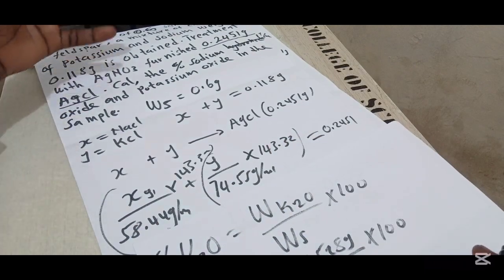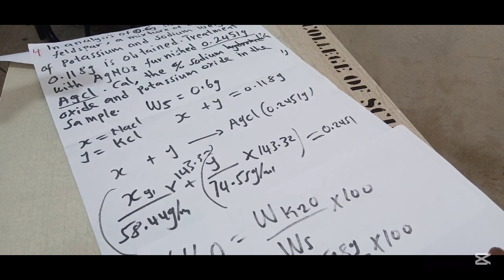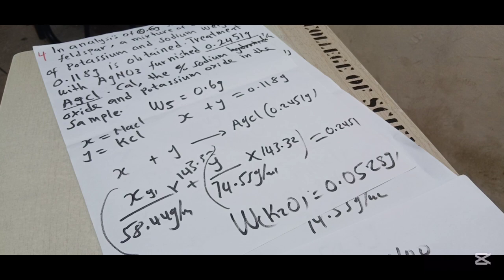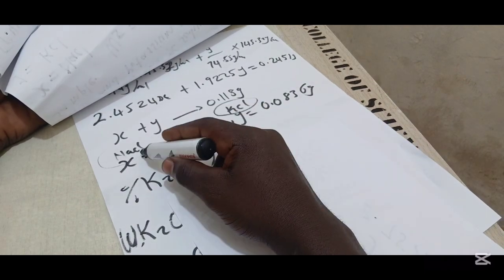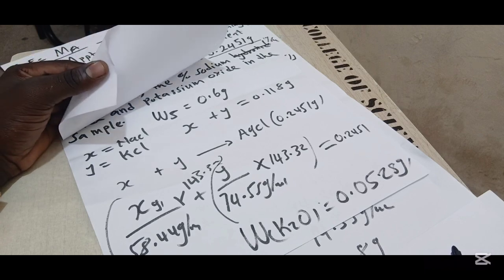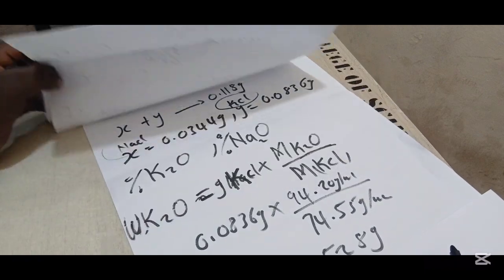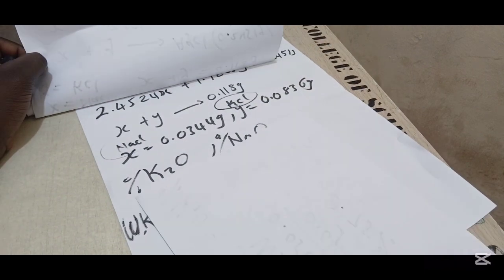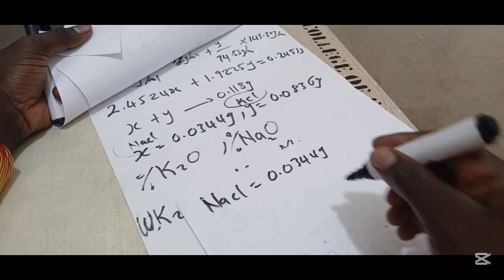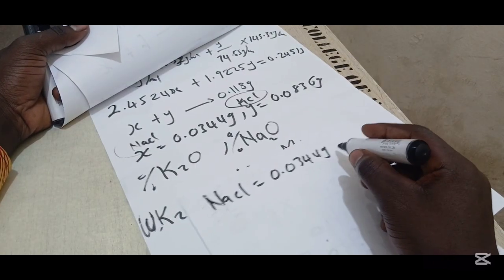And now we are going to calculate the percentage of Na2O. We got the mass of sodium chloride, sorry, 0.0344 grams.